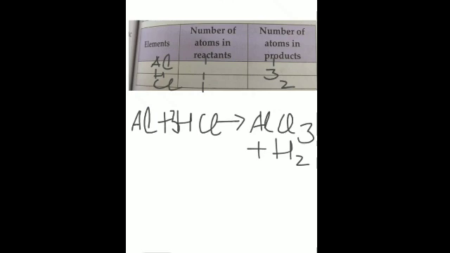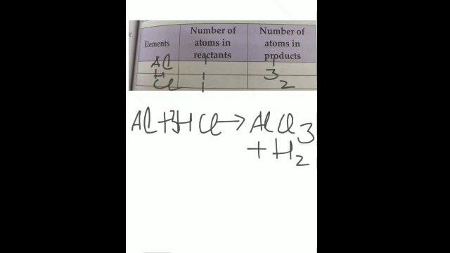Then next step, now what happened? The chlorine atoms have become 3 and hydrogen atoms have also become 3. Aluminium and chlorine have become balanced, but hydrogen atoms are still not balanced.